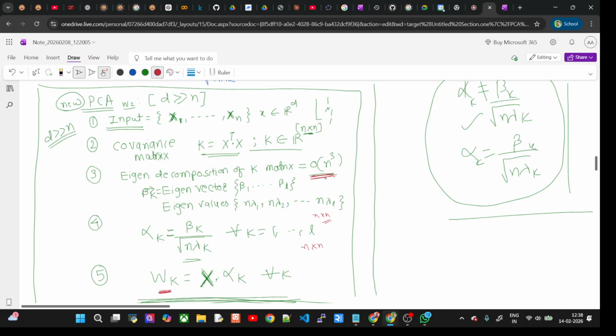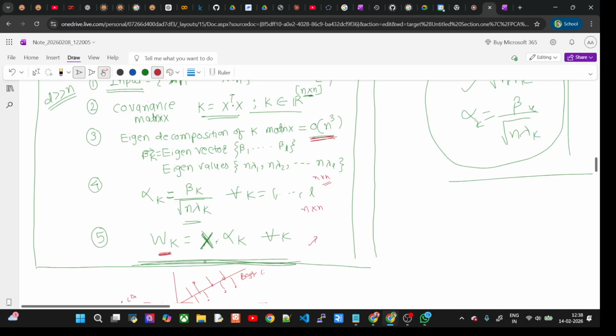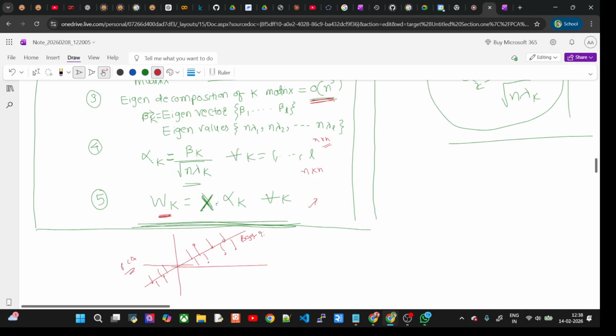Once you achieve that, you use this beta k, these formulas, and then you derive your new eigenvectors, which is capital X, the data points, into your alpha k value. Hence you can get the best fit line. That's all your new PCA steps where d is greater than n, and here the time complexity is O of n cube.